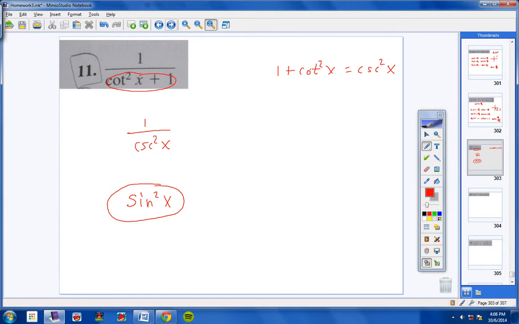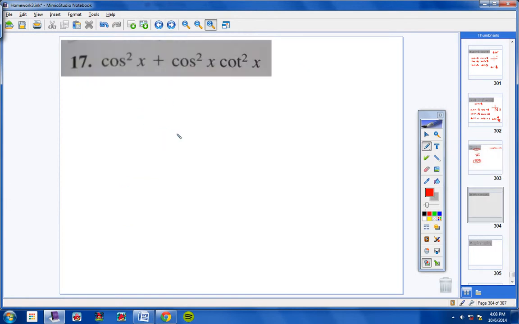All right, let's move on to number 17, okay? Now again, I'm seeing all of these squareds here, so I'm thinking right away we're probably going to use a Pythagorean identity, okay? But first of all, factoring sometimes helps, okay? And I notice both of these terms have a cosine squared. So I'm going to pull cosine squared out of both of these. And when I do that, I'm left with 1 plus cotangent squared.